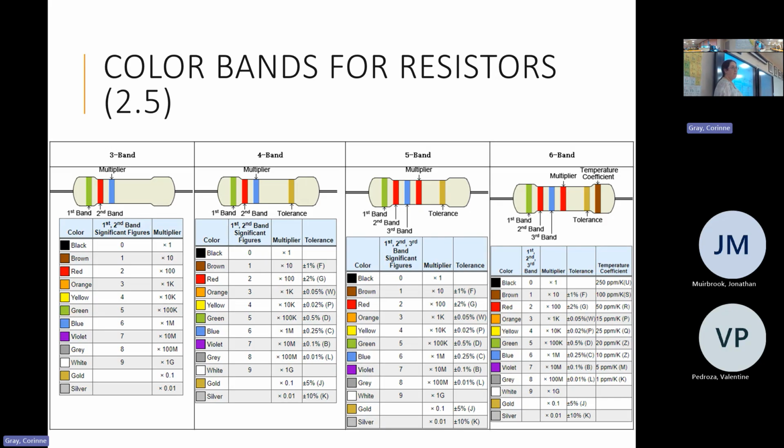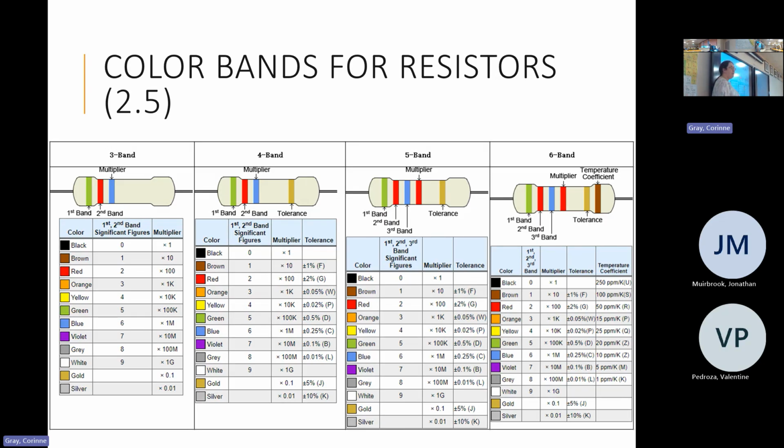That would be a 5. I then look at the second band, which is red, so it's going to be a 2. So now I have 52. I look at my third band, which in this case is the multiplier band for the 4 band one. That's blue, so I move over to the multiplier column, times 1 million.